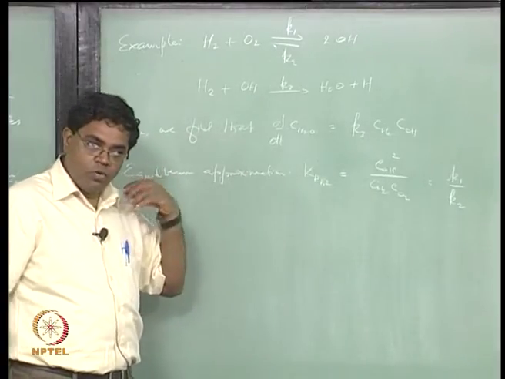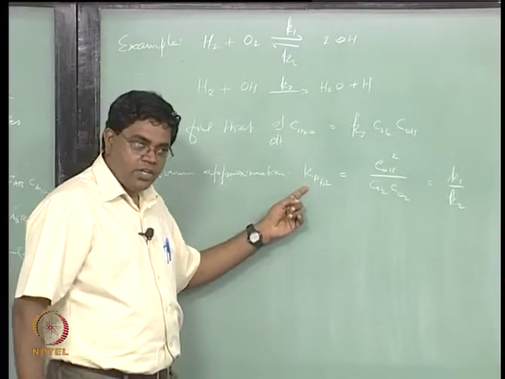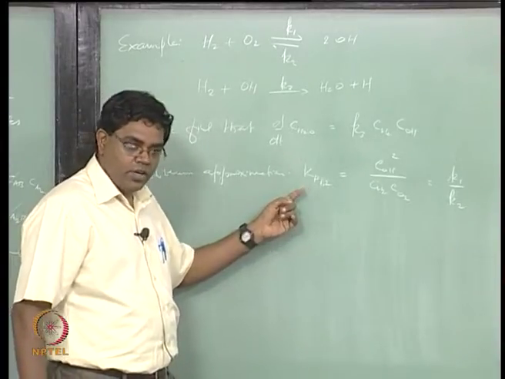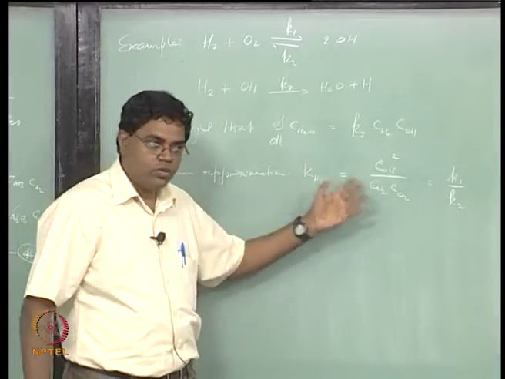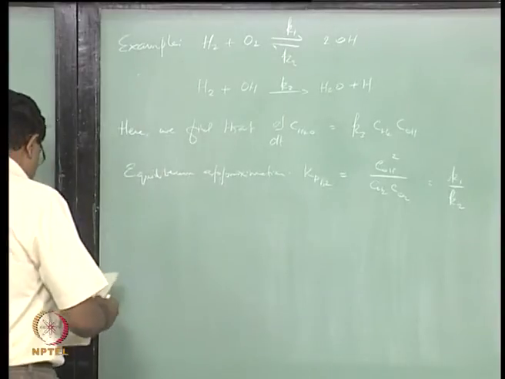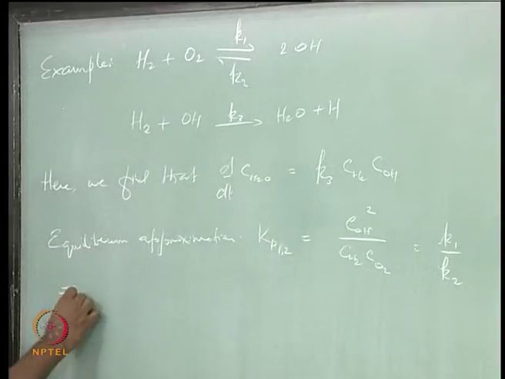So a more direct thing to do is to probably write Kc instead of Kp, but if you are insisting on Kp, then there is a conversion between Kp and Kc that we have gone through that you need to factor in. So if you now use this, you try to evaluate what your COH is.